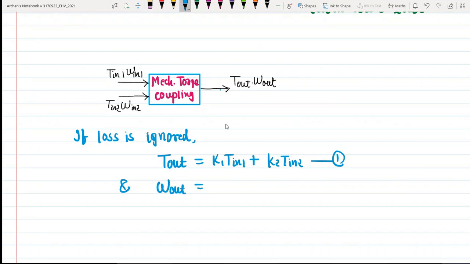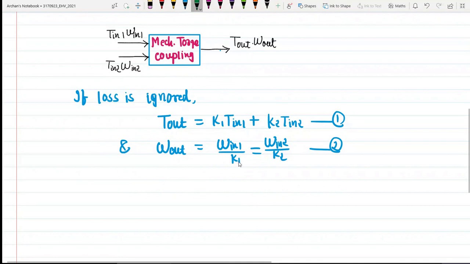Omega out will be omega in 1 by K1 and should be equal to omega in 2 by K2, right? Let us call it equation number 2. So here I have mentioned the two particular constants K1 and K2, right? So this K1 and K2 are the constants which are determined by the parameters of the torque coupling.